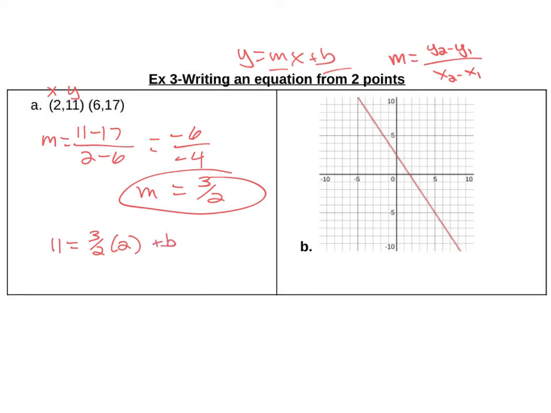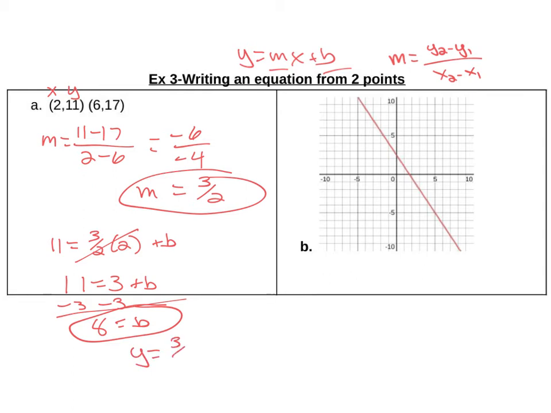So if we work through these, 3/2 of 2, the 2's cancel. So 11 equals 3 plus b. And then if we just solve this little mini equation, b is going to equal 8. Well, now we solve for both of our pieces of information, where we can come back and say y equals 3/2 x plus 8.